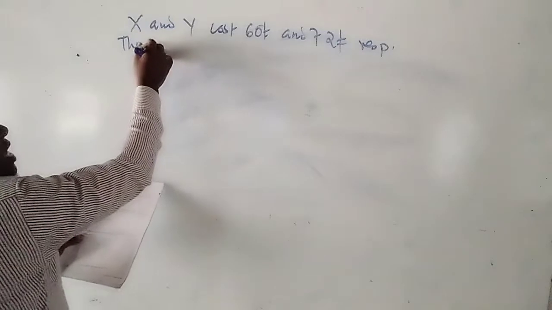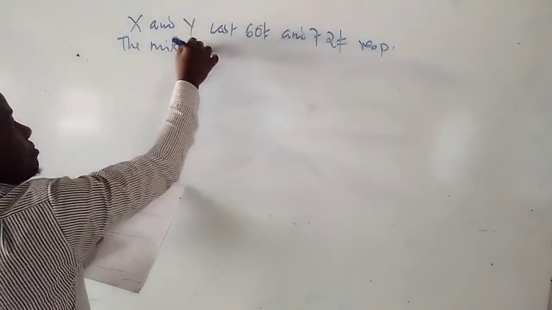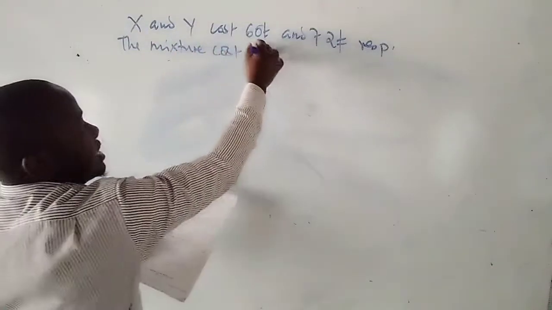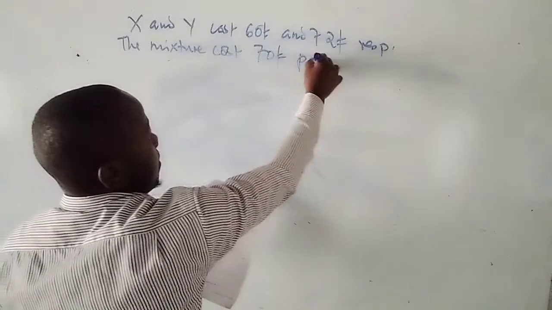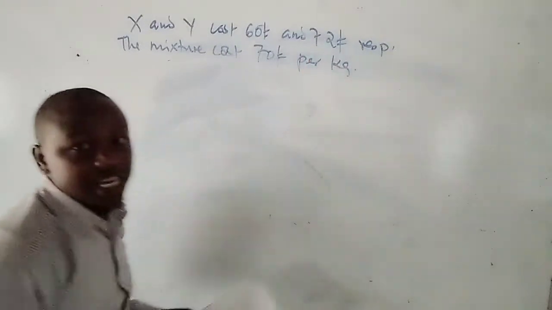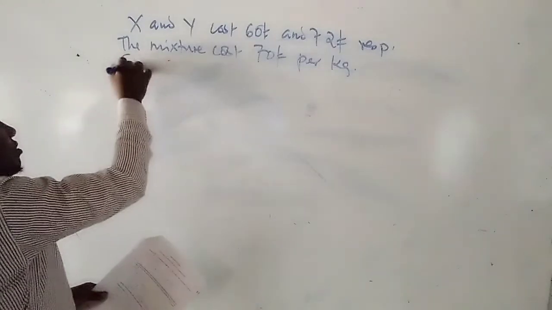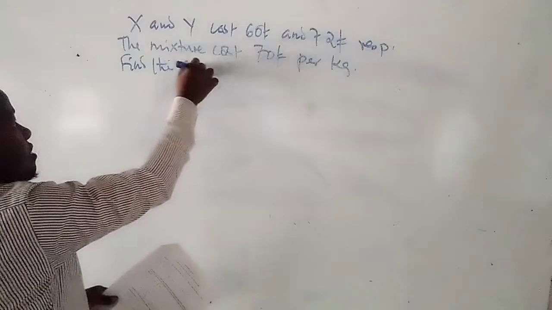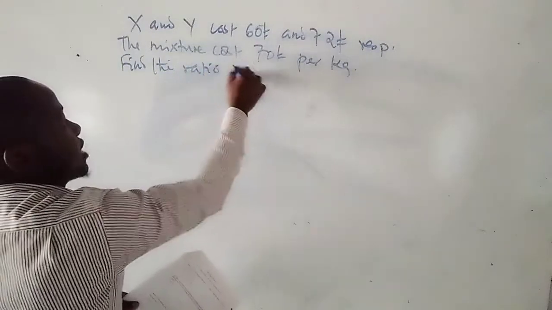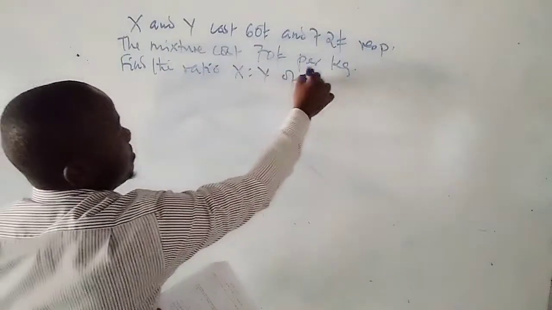They are mixed such that the mixture costs 70 shillings per kilogram. Find the ratio x to y of the mixture.